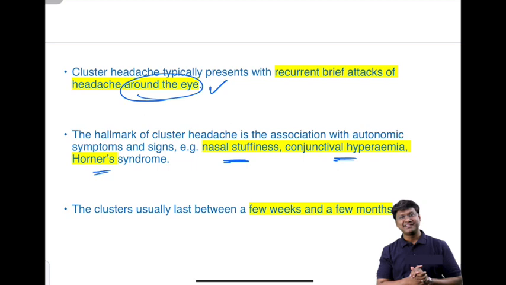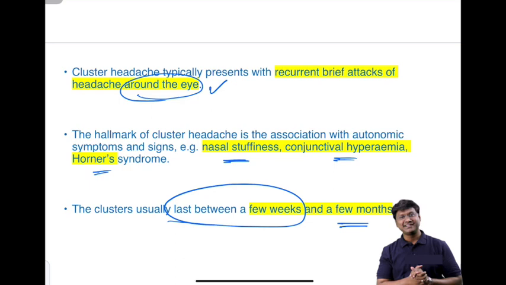What are the components of Horner syndrome? Ptosis, miosis, enophthalmos, anhidrosis and loss of ciliospinal reflex. These can be there in cluster headache. And the clusters usually last between a few weeks and a few months.